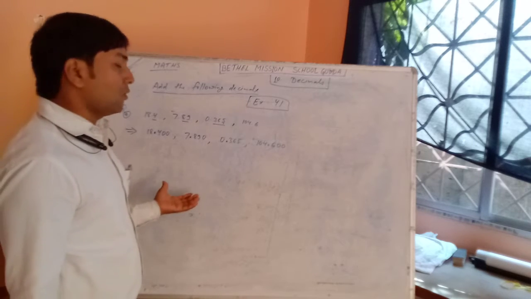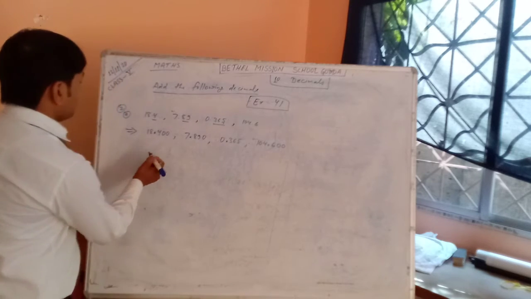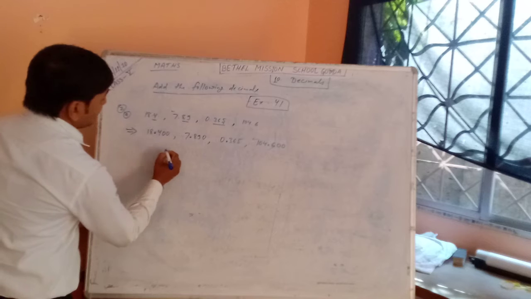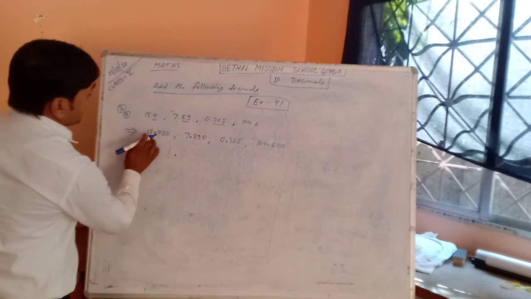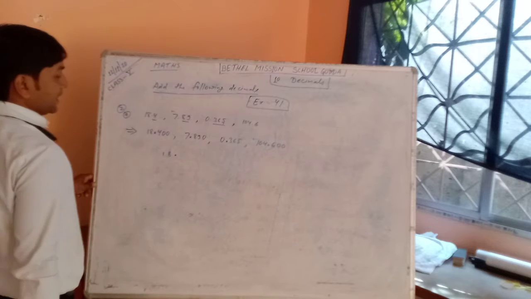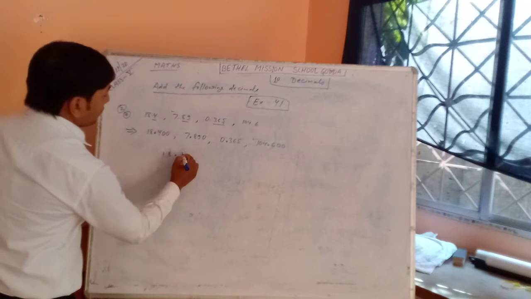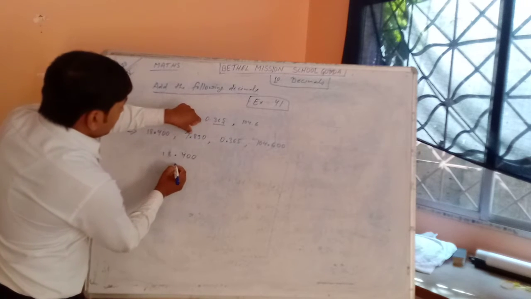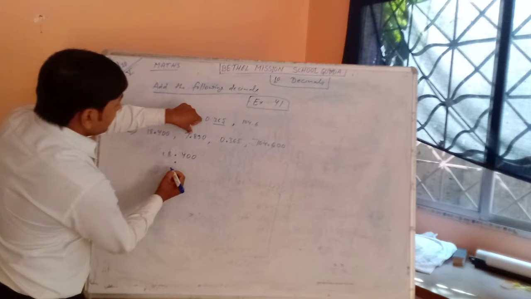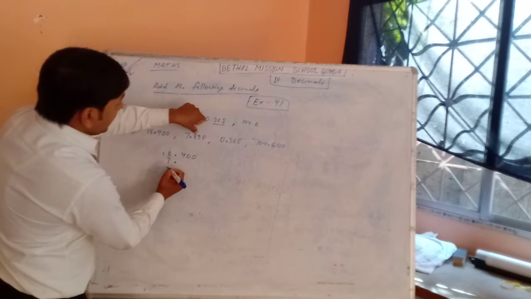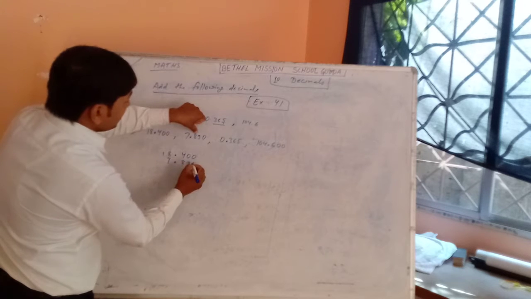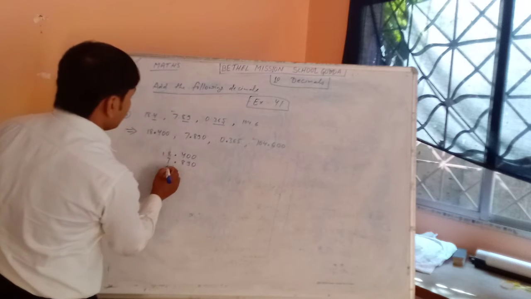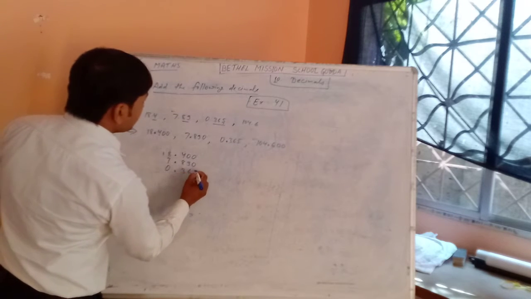Now we can write in column form. First we write the decimal point, then the digits: 18, decimal, 400. Then the decimal and 7, then 890. Then the decimal, with 0 before it, and 365.